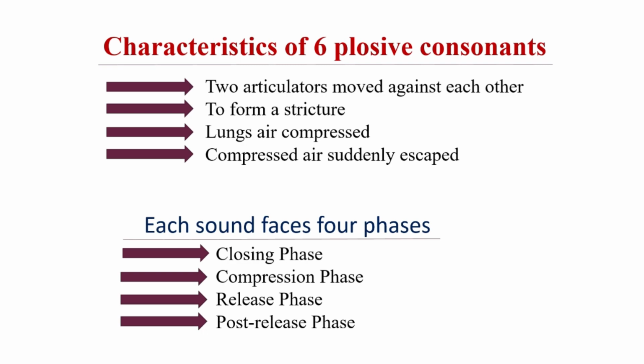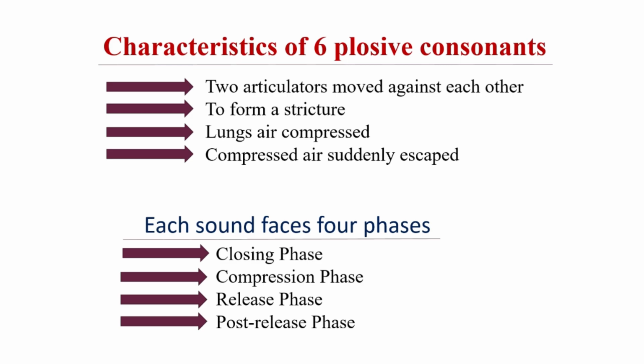In the release phase, the two articulators move apart from each other and allow the air to pass, and the passing air creates a loud noise. And finally, in the post-release phase, after releasing the air, a calmness comes. These are the common features of plosive consonants.